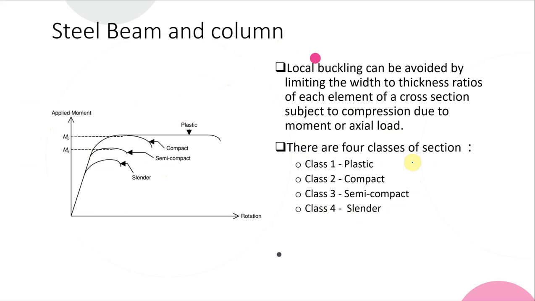We need to classify the beam. Is the beam plastic, compact, semi-compact or slender, because it always depends on the type of beam for how you design. Okay, local buckling can be avoided by limiting the width to thickness ratio. So that is what I mentioned earlier about B over T or D over T.